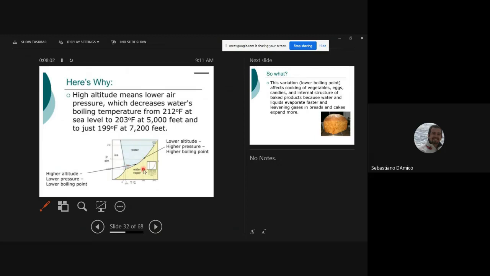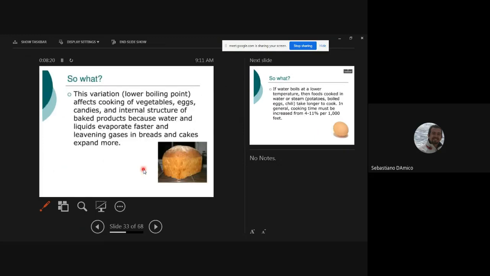And I'm not sure if we saw it when we were looking at the formation of some minerals, but they're basically the same kind of diagrams or similar.